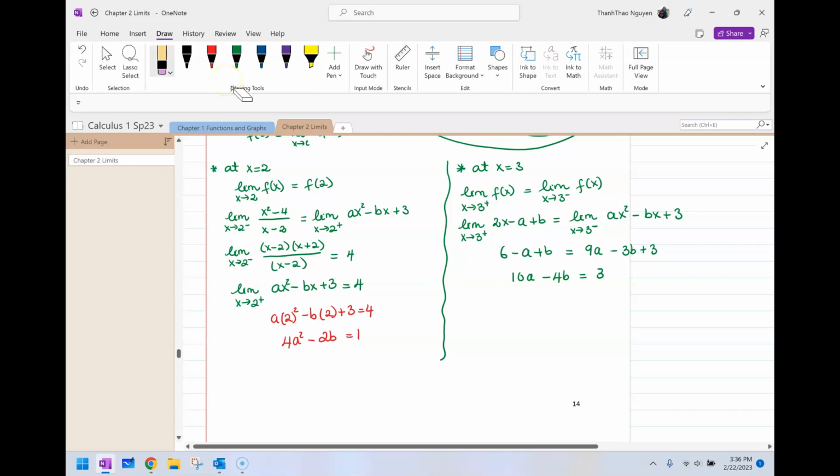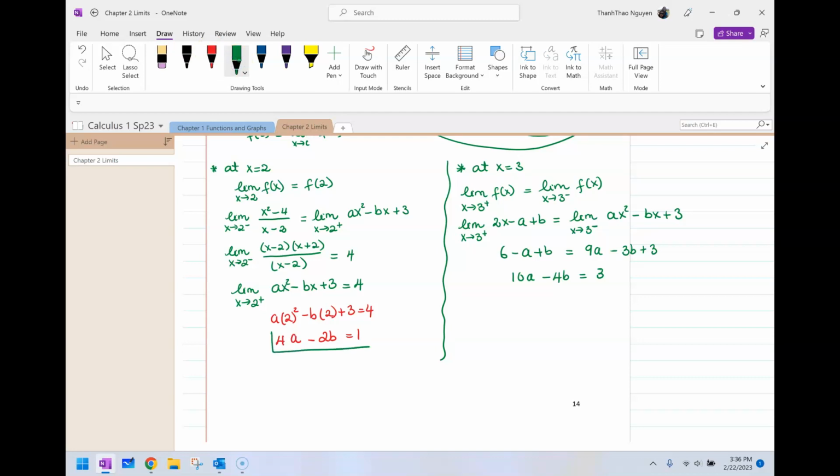And this will say 4a minus 2b. Now that I have two equations with two unknowns, I can solve for a and b.